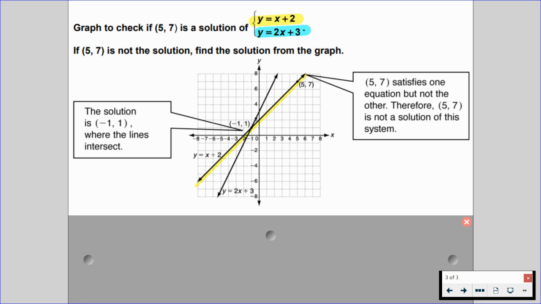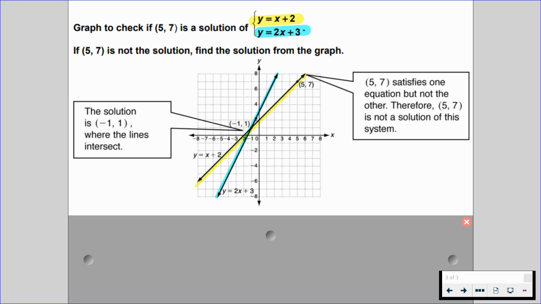Thank you for bearing with me here. We have this thin blue line, and we want to see, hey, where does it make green? Well, it makes green at the coordinate point (-1, 1), because our lines overlap. They intersect. So the solution to this system is not going to be (5, 7). It's going to be (-1, 1).